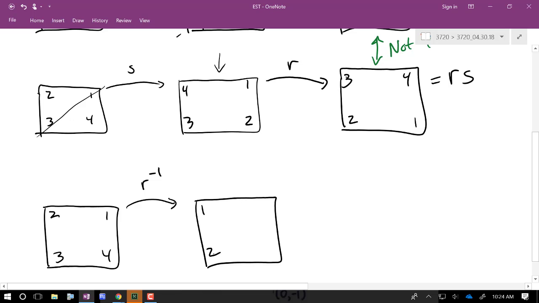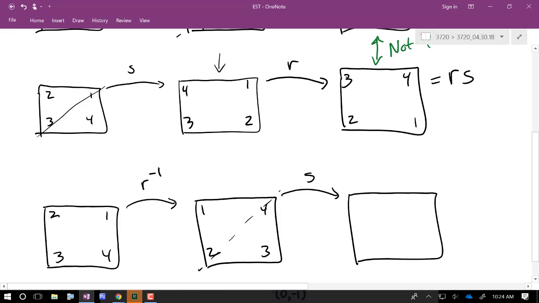So we have 1, 2, 3, 4. And now we will flip it across this. So 4 and 2 stay where they are, and we flip the 1 and the 3, and these are the same.